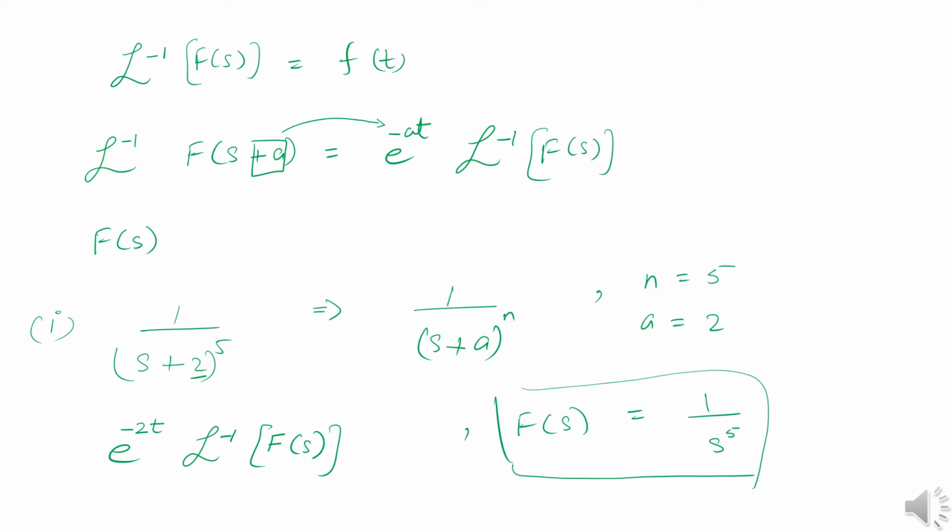I have to take the inverse transform of this function, so e raised to the power negative 2t times the Laplace inverse of 1 over s to the power 5. From the table of Laplace inverse fundamental functions, we know that the inverse of 1 over s to the power n is t to the power n minus 1 over (n minus 1) factorial.